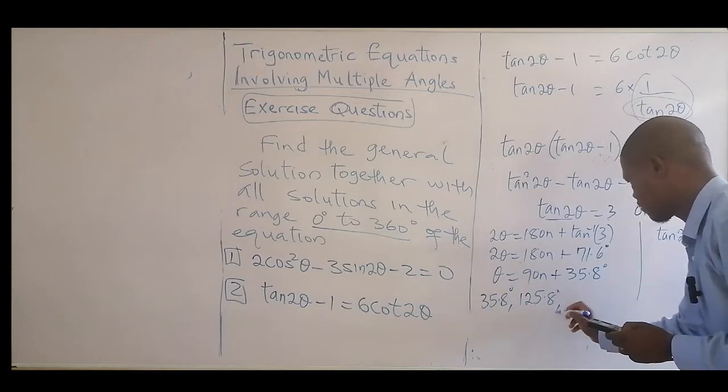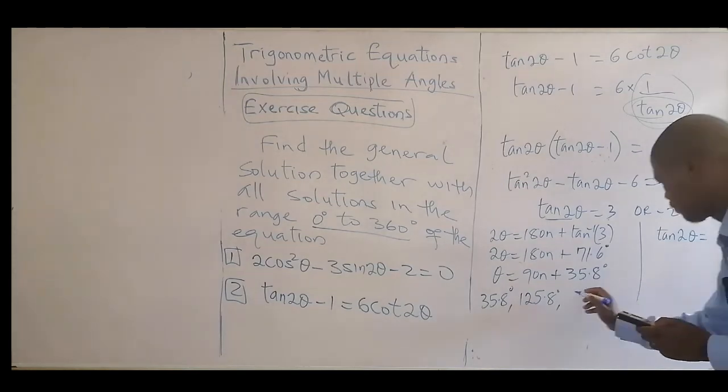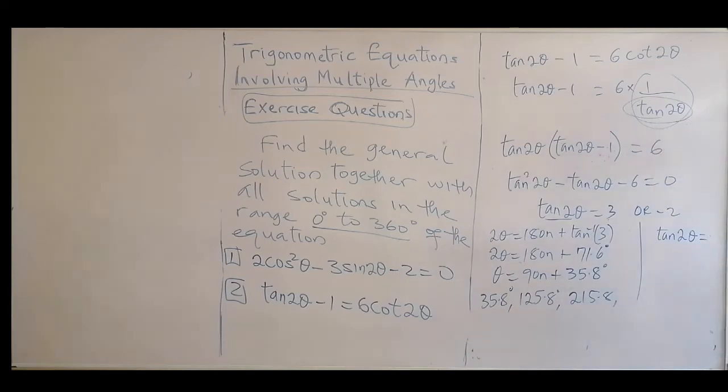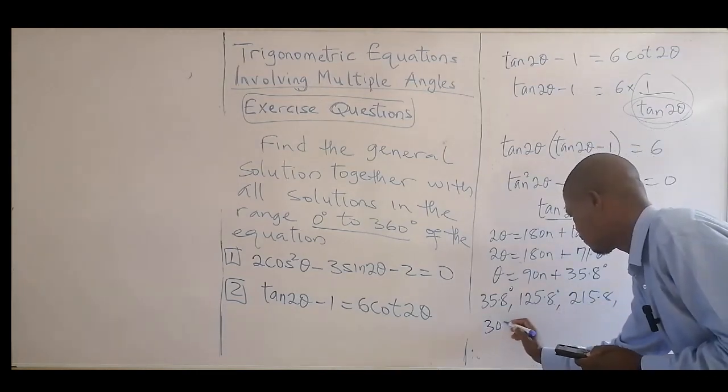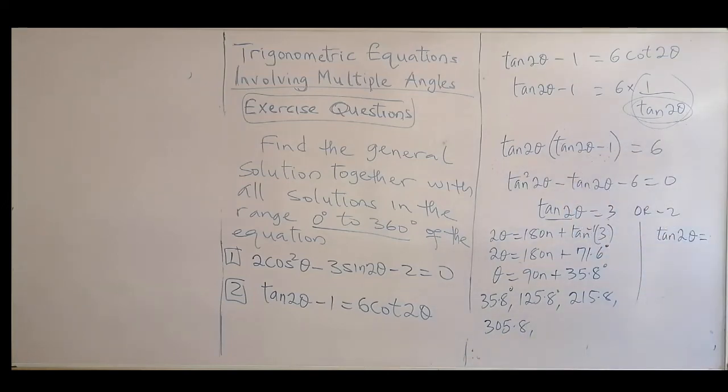When n is 2, we have 180 plus 35.8, that's 215.8. When n is 3, 270 plus 35.8, that's 305.8. When n is 4, that's 360 plus, which is outside the range.